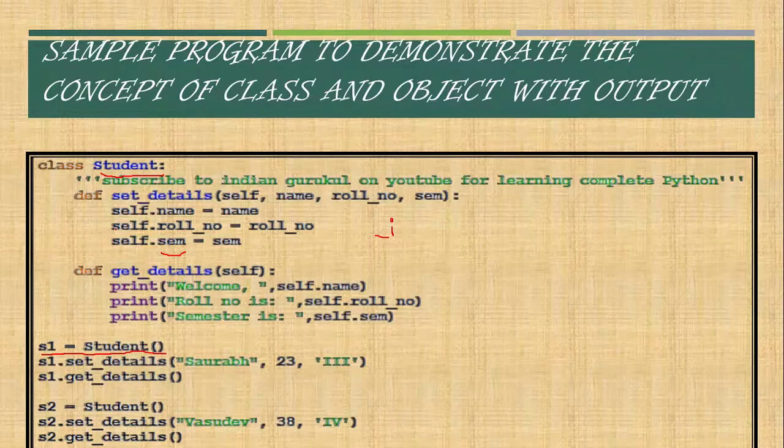So what I've done is I have defined two functions over here. The first function is the set details function, and the second function is the get details function.